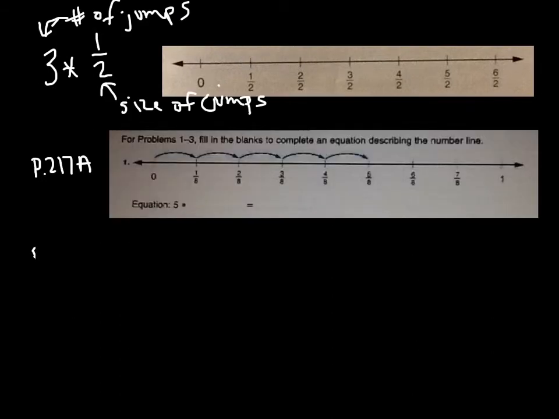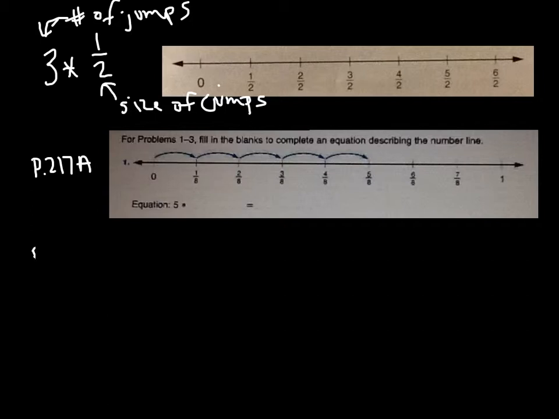Let's take a look at problem 1 on page 217A. The directions say, for problems 1 through 3, fill in the blanks to complete an equation describing the number line. So here's the start of our equation. 5 times blank equals blank. We know that the 5 represents the number of jumps, so we're missing the size of the jumps.